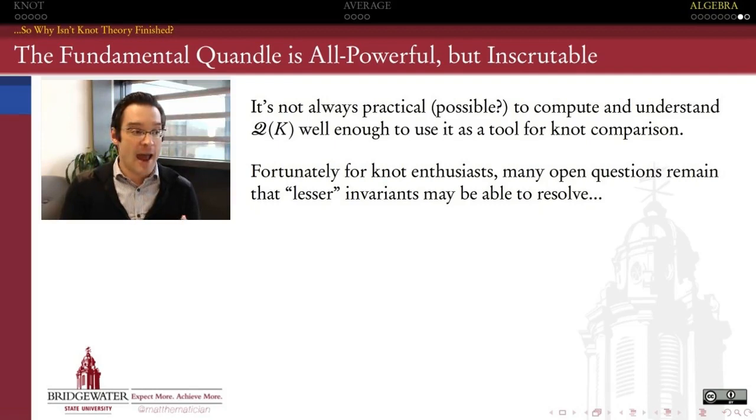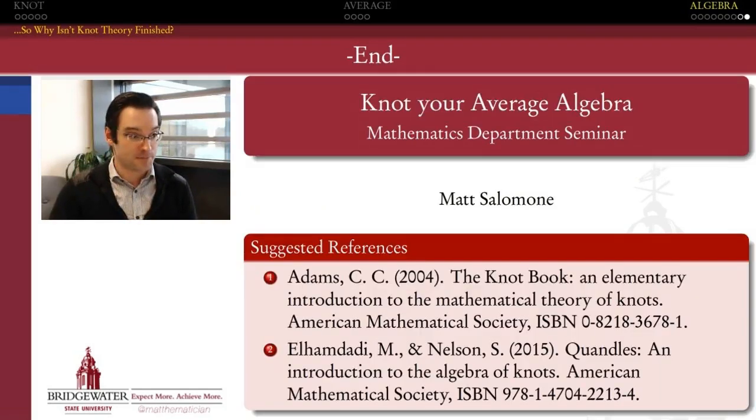There's still a lot of very active work going into resolving questions of differences between knots using those not quite complete but still very powerful other invariants, which in principle we can discover from the fundamental quandle, but which are much more tractable to understand than the fundamental quandle itself.